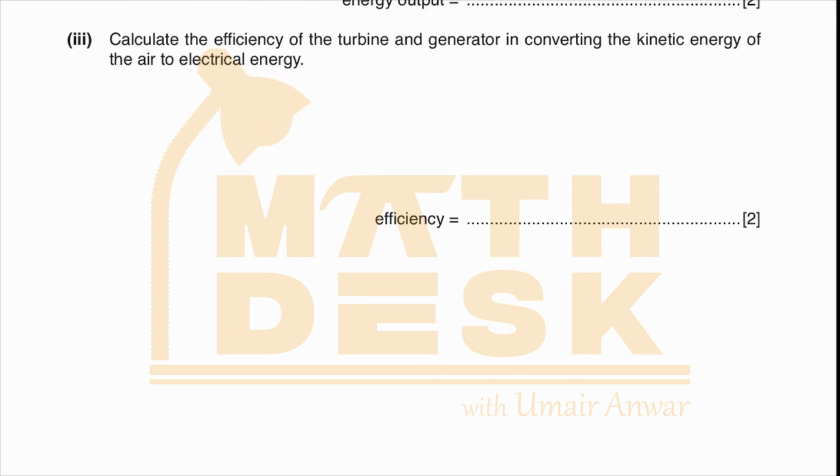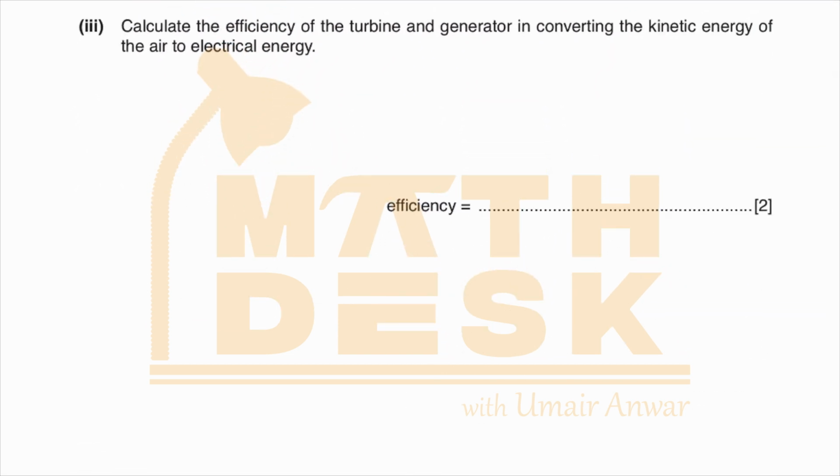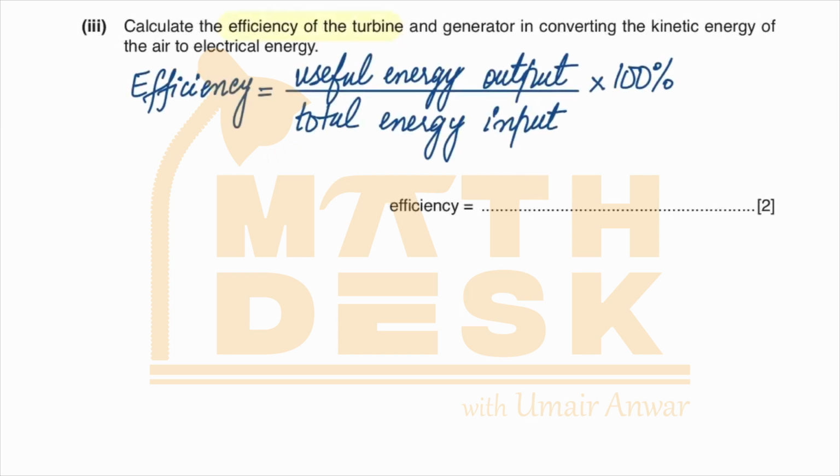The next part says calculate the efficiency of the turbine and generator in converting the kinetic energy of the air to electrical energy. So in this part we have to calculate the efficiency of the turbine and the generator in converting the kinetic energy of the air to electrical energy.